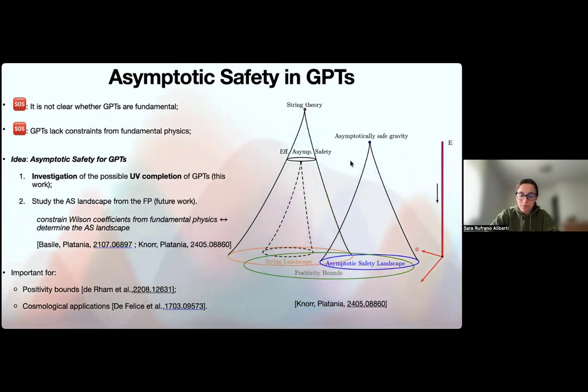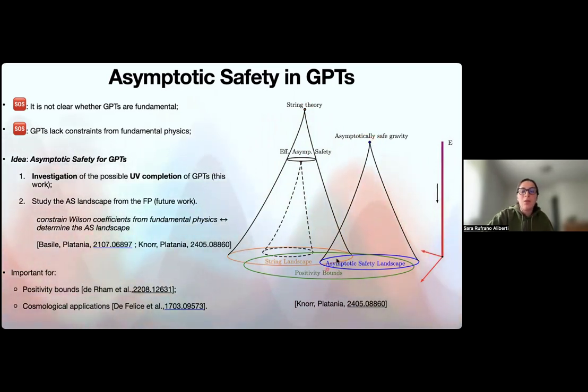So actually the idea is the following, and it's well depicted in this image taken from the work of Benjamin and Alessia. Here, as you can see, it's analogous to what happens in string theory, as in asymptotically safe gravity. We first of all investigate if an ultraviolet completion exists. Then we study the flow, the asymptotic safety landscape emerging from the ultraviolet completion, from the high energy limit to lower energies.